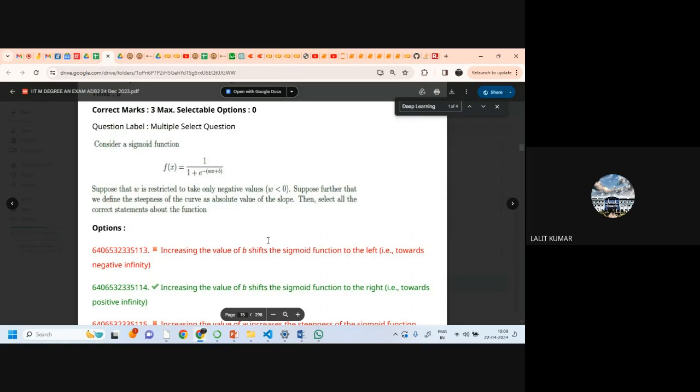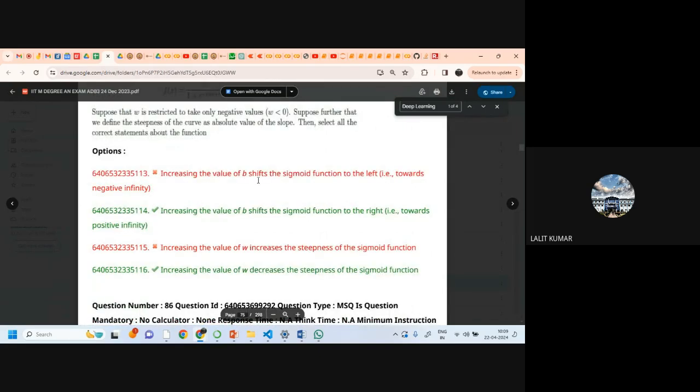So increasing the value of bias shifts the sigmoid function to the left. That is incorrect, but if W is positive, then this is a correct statement. Increasing the value of B shifts the sigmoid function to the right. Okay, that we have seen. Increasing the value of W increases the steepness. False.